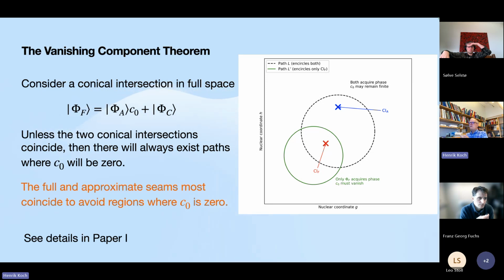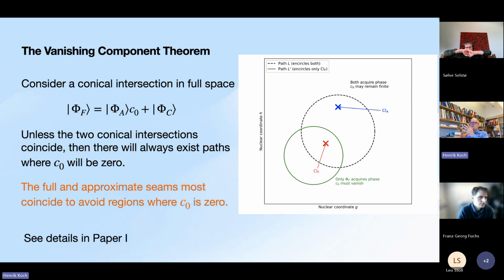And so the C coefficients will be zero. And this means that if the two conical intersections do not intersect or are not in the same point, then I will have regions in space where the coefficient C0 becomes zero.